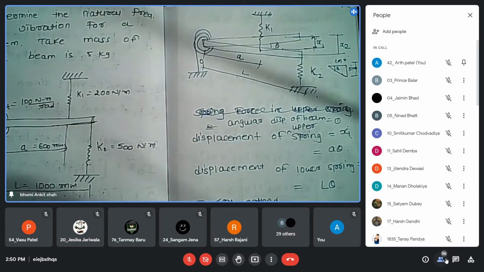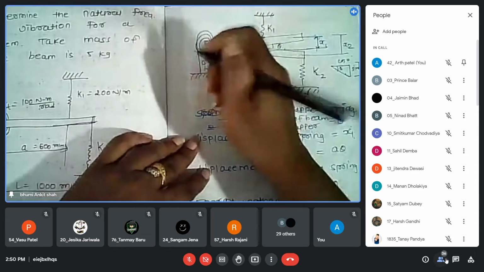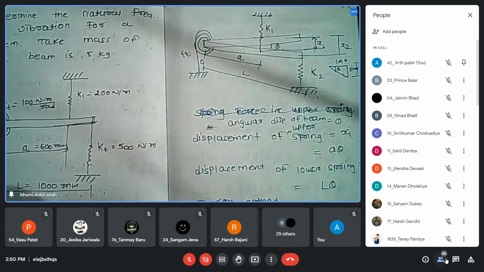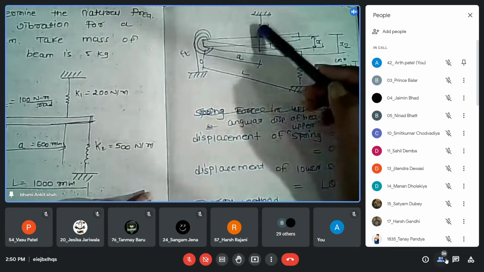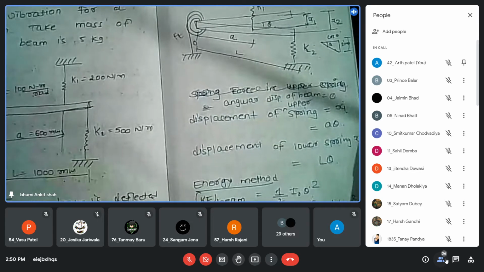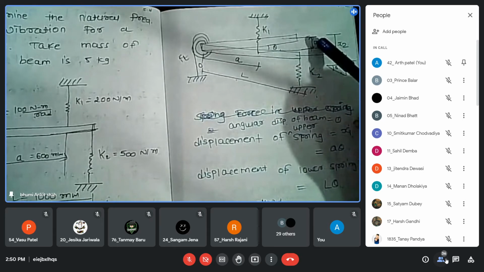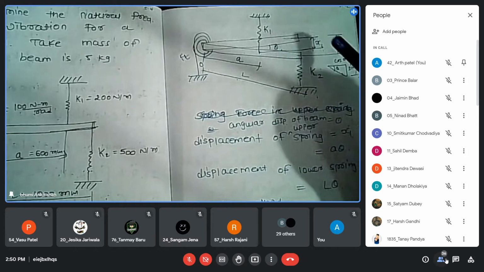You have to consider potential energy for these three springs because it is having KT, it is having K1 and K2 stiffness. For the first spring, the upper spring, you can write 1/2 K1 x1 square, yes or no?